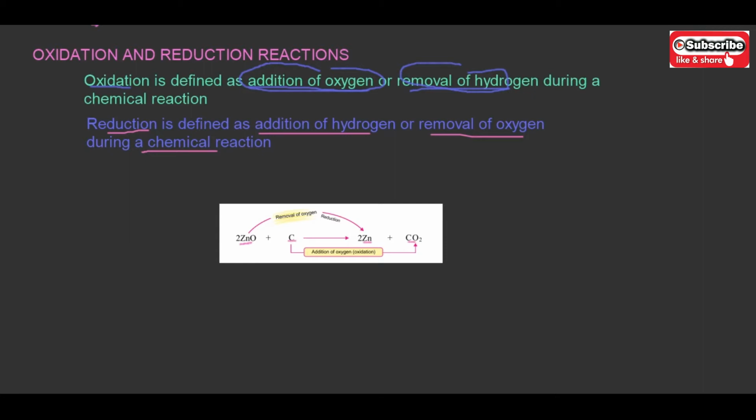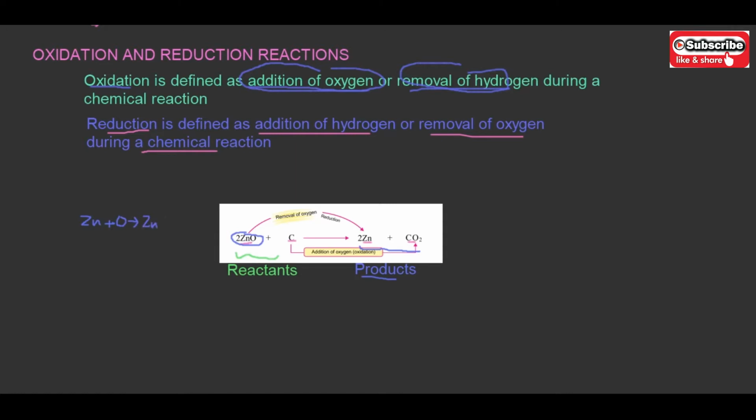As you can see, these two are the reactants, while on the other side zinc and carbon dioxide are known as products. On the reactant side, in zinc oxide, the zinc atom is bonded directly with an oxygen atom.